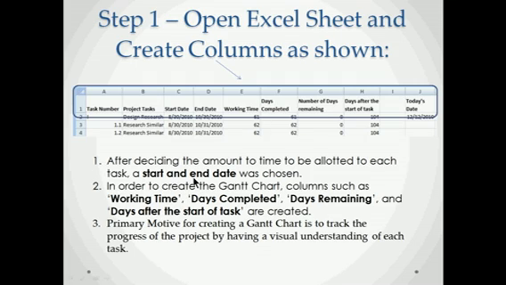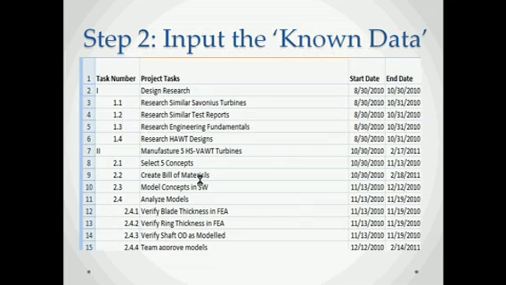In order to create the Gantt chart, the later 4 columns would be working time, days completed, number of days remaining, and days after the start of task. The primary motive to create the Gantt chart is to track the progress of the project by having a visual understanding of each task. The second step is to input the known data.